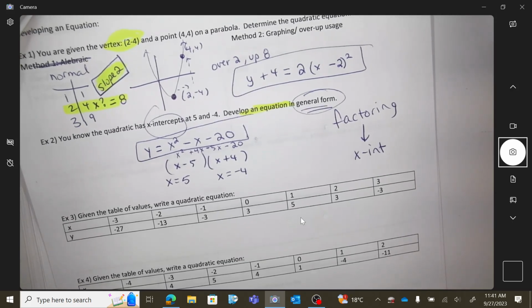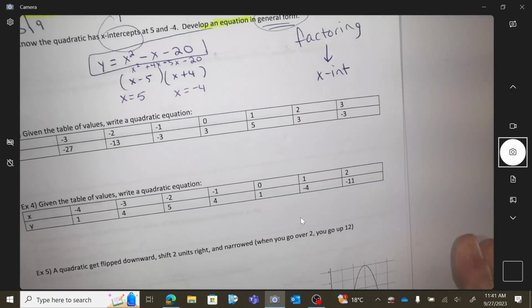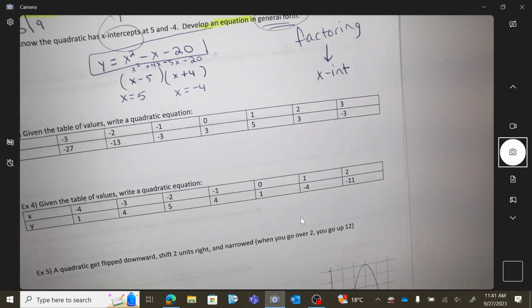Okay, so this time I gave you coordinates in a table of values. Can you spot a place that is alone and would never have a partner, and you're looking for a place that it's symmetric on the sides of this? So look for a coordinate where there's partners on the sides of it.